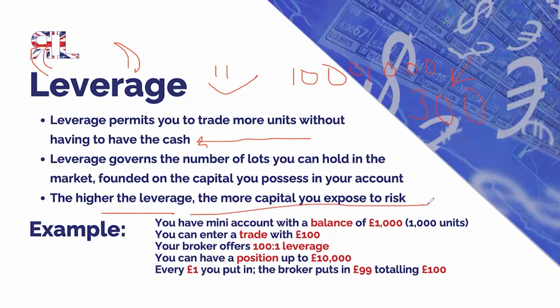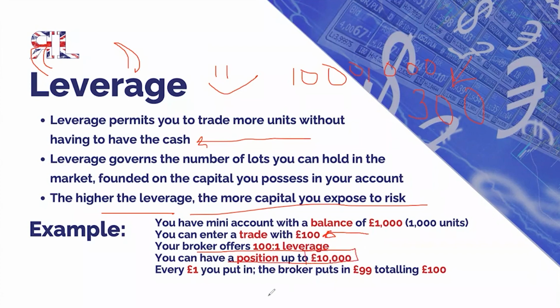Like I said, there are some brokers in the UK and I think in the States where you can get 100 to 1. There's an example down here. If your broker is going to give you 100 to 1 leverage, that means you can have £100 or $100 in your account, and you can have a position in the market of 10,000 base currency units.